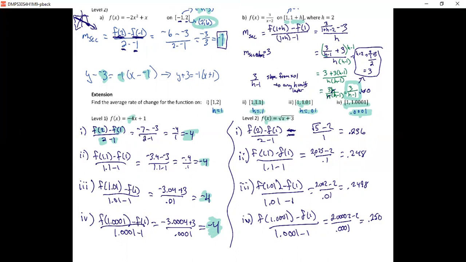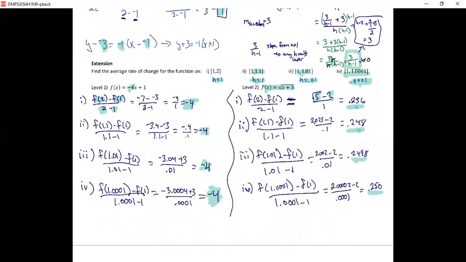However, on this radical function that I have here, when I go through and do the numbers, what you see is this average slope gets closer and closer and closer to what is called the instantaneous slope. The instantaneous slope ends up being, for this problem, 1/4.